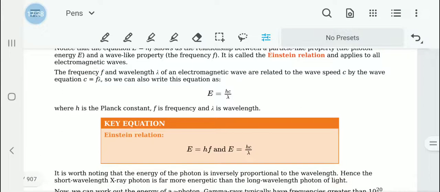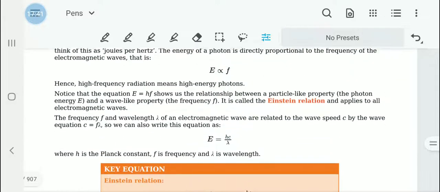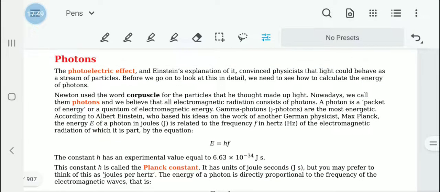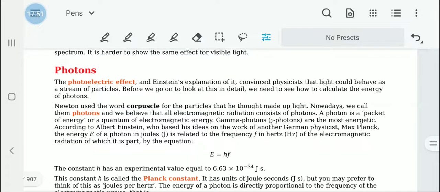Then we come to the photons, and this is where Max Planck and Albert Einstein had a lot to do with this. The photoelectric effect, and the way Einstein explained it, actually proved that Newton was also not exactly wrong.